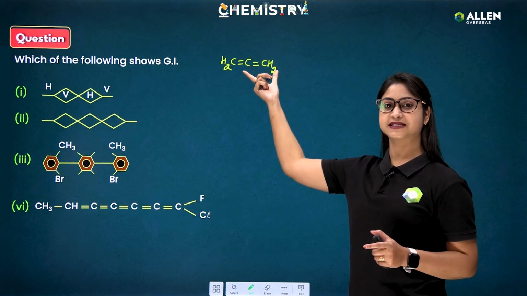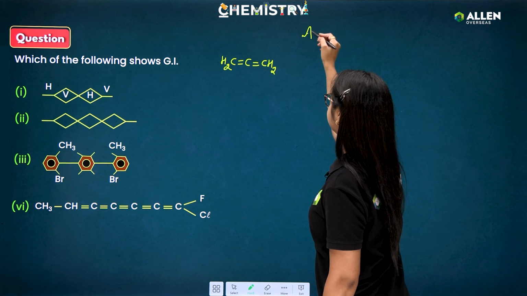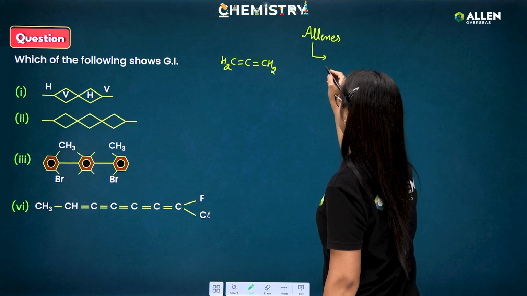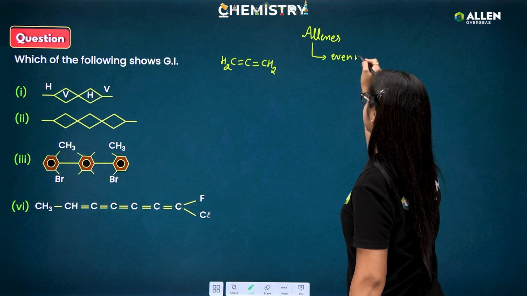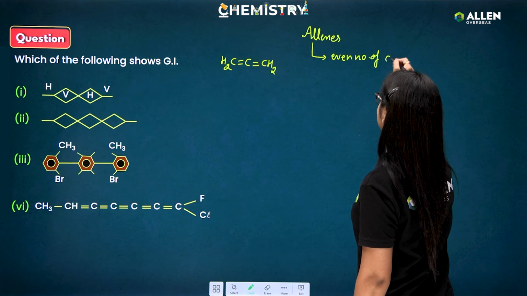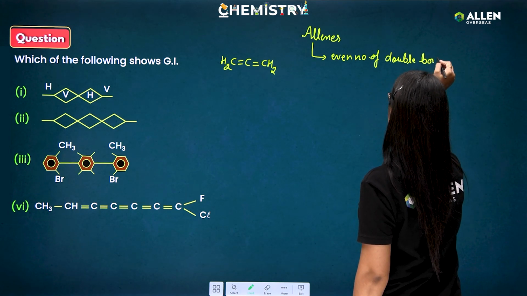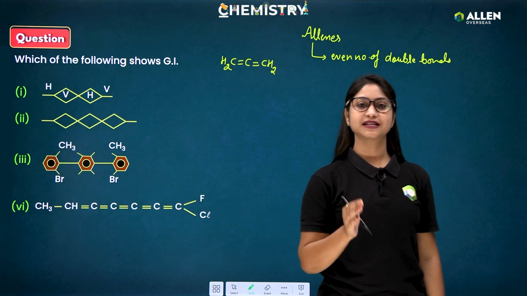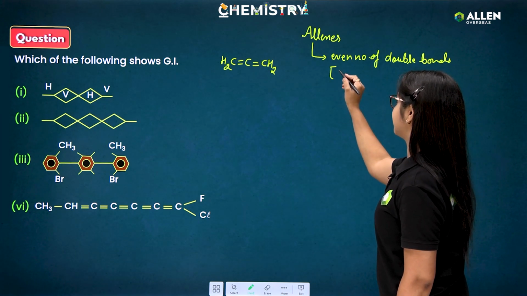In allenes we have two cases. When allenes have an even number of double bonds, the terminals are not in the same plane.